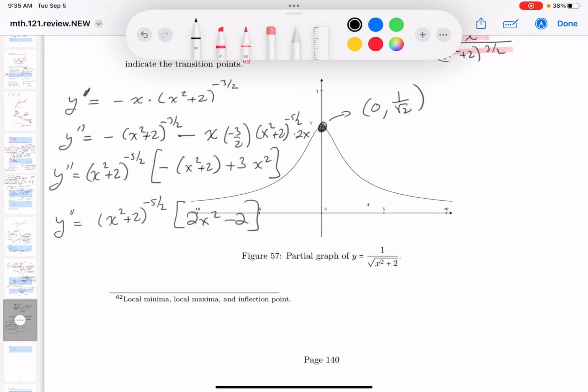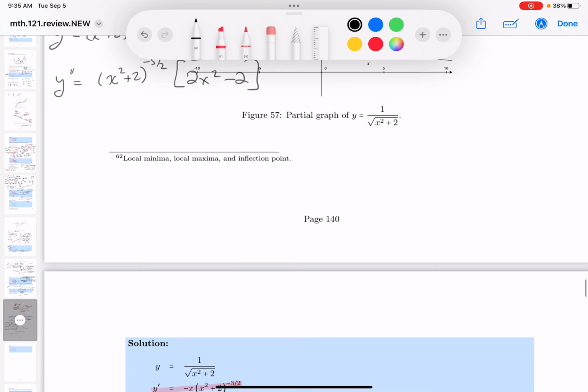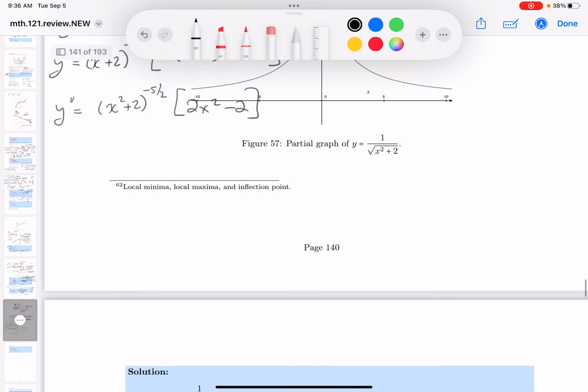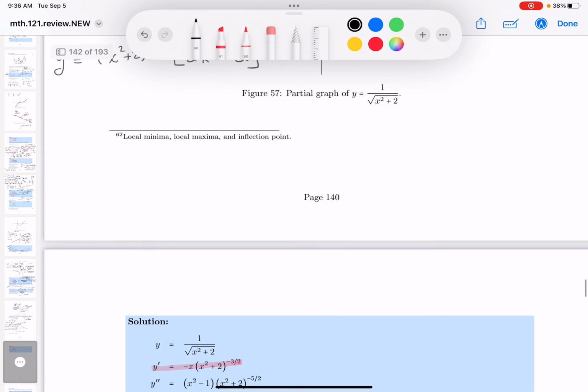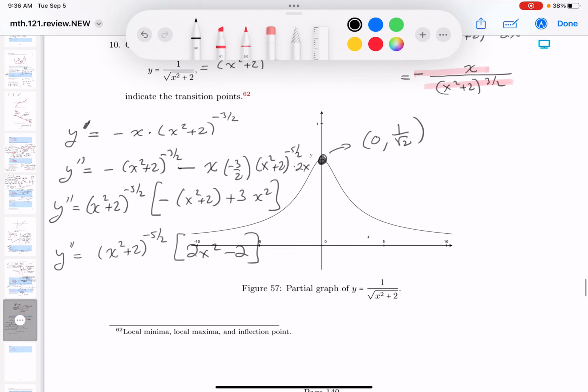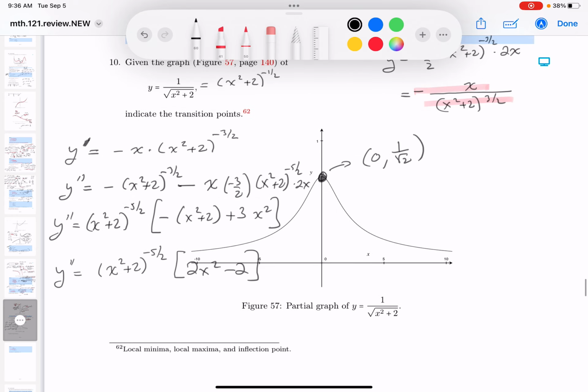I got that. 2's cancel. So minus 3x squared. (x squared plus 2) to the minus 5/2. I see that. x squared minus 1. There's a mistake somewhere, isn't there? I'm going to do it again. I'm going to have to correct my key, by the way.